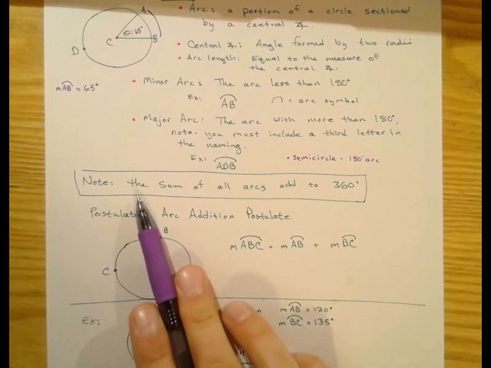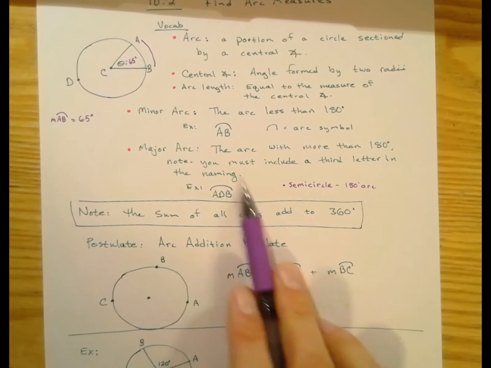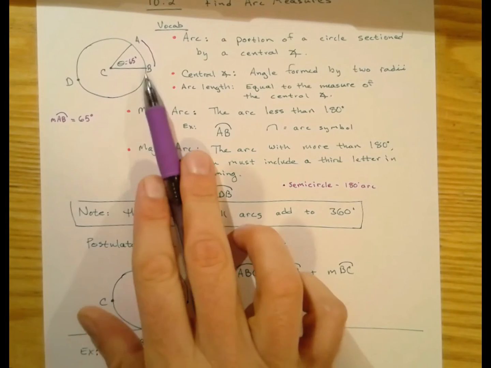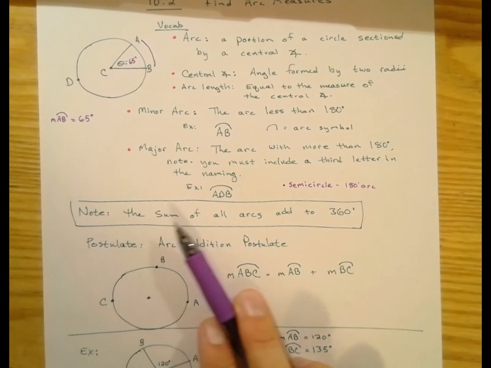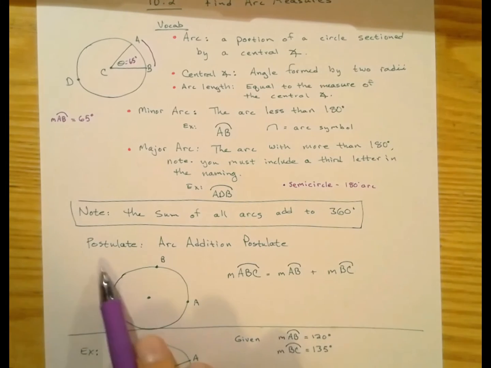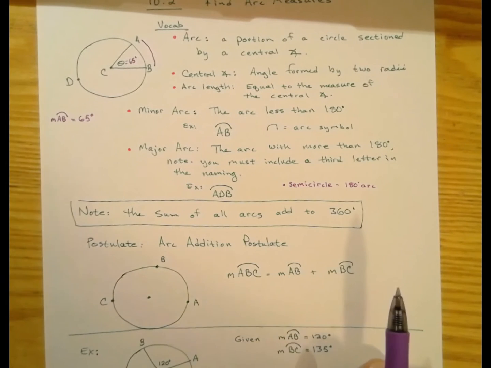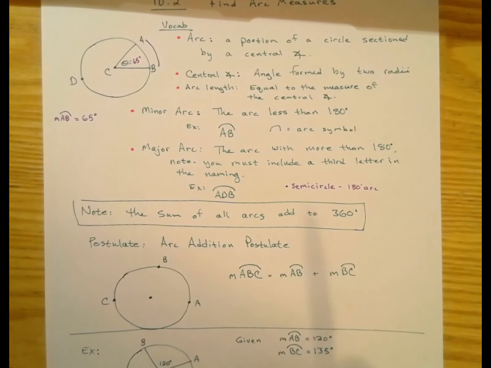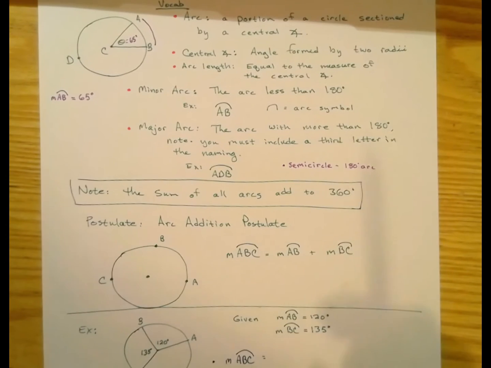Now, please note, because the measure of an arc is equal to the central angle, the sum of all arcs will add up to 360 degrees, which brings us to the arc addition postulate. Very much like the segment addition postulate or the angle addition postulate, which basically says the big thing is made up of the sum of the 2 small things.